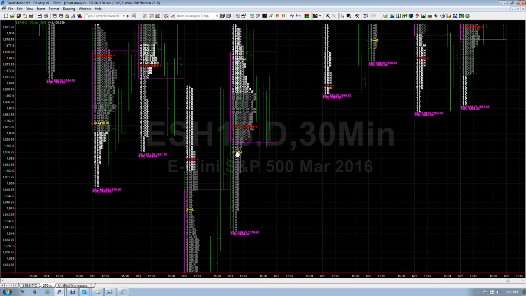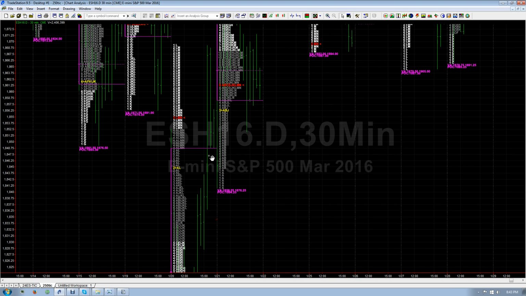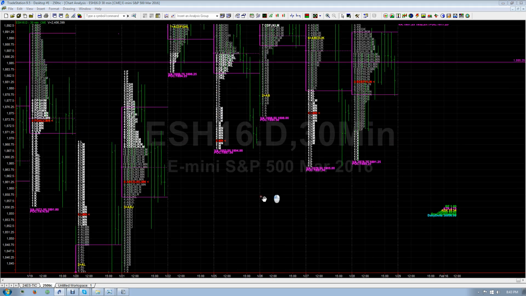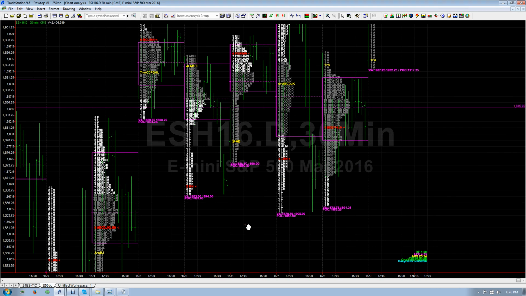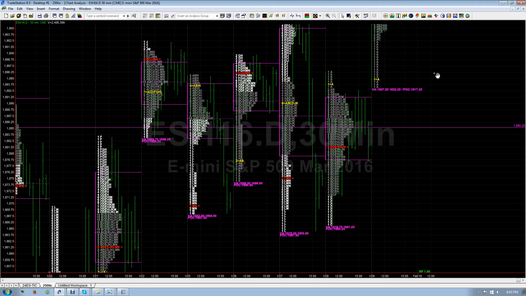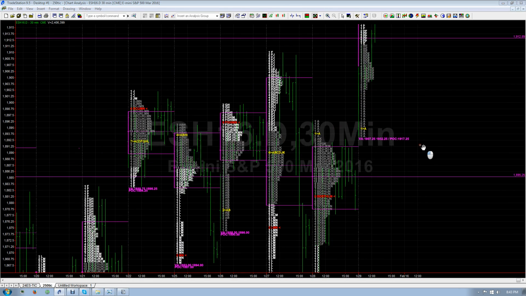Here's your open, A period, moves up a little bit, comes back down, gets into the prior day's value area, and doesn't want to fill. And then once your B period gets over this value area, obviously you get long. This is the importance of assessing the type of opening you're having for that day, which can help you get on trades early or stay out of bad trades.